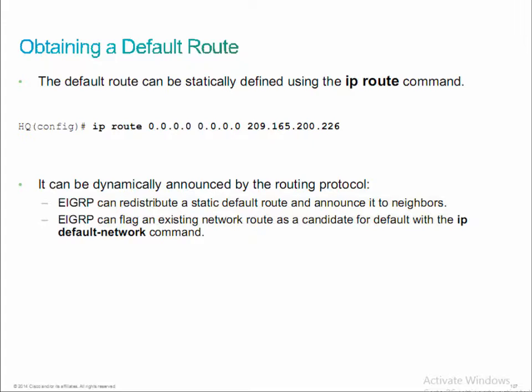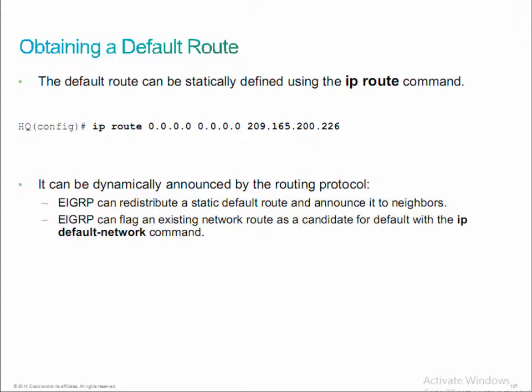All right. Now, before a router can actually advertise a default route itself, it needs to examine what the default route candidates are. In this particular case, our default route candidate is being introduced into the routing process by using the static IP route command, and the next hop address is where the default traffic is going to be sent.